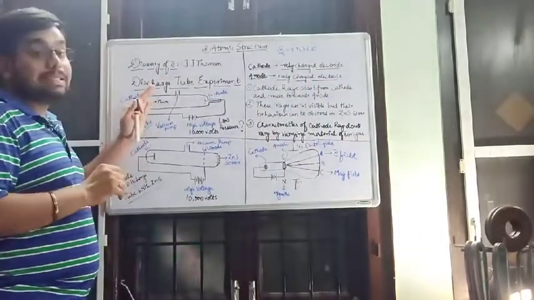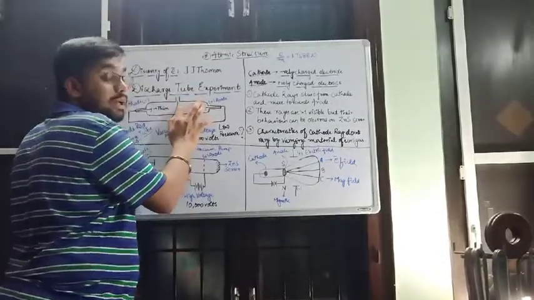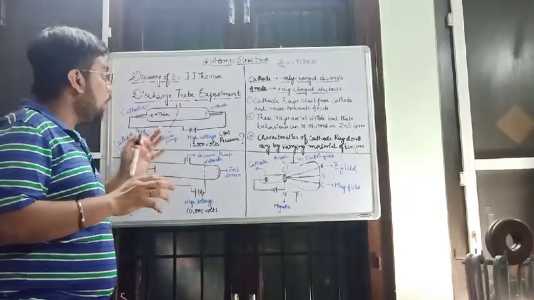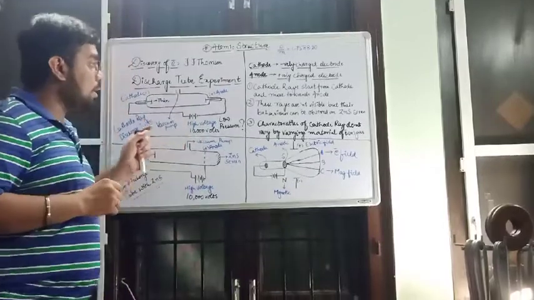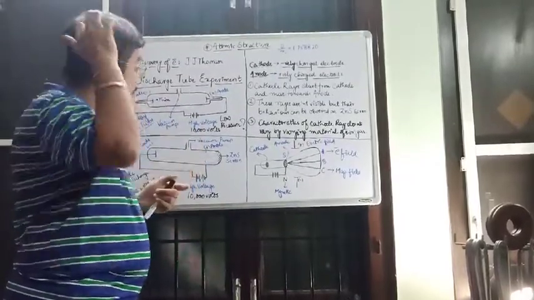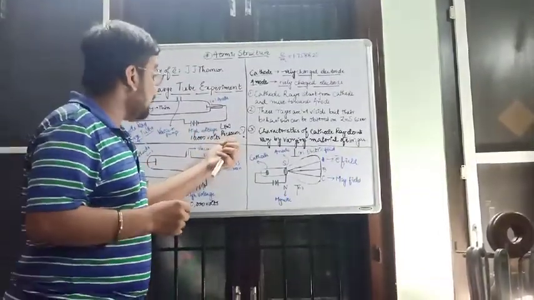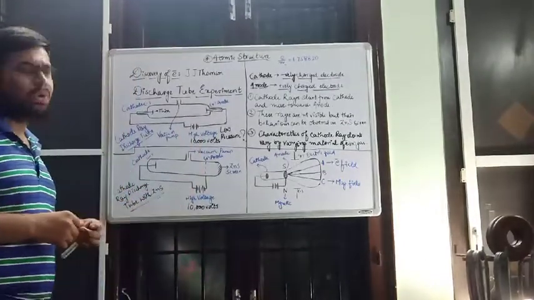Now in this apparatus, this is the space for the vacuum pump. Vacuum pump? Why do we need this? Yes, we need this because gases, when charged up, need low pressure and high voltage to conduct electricity.